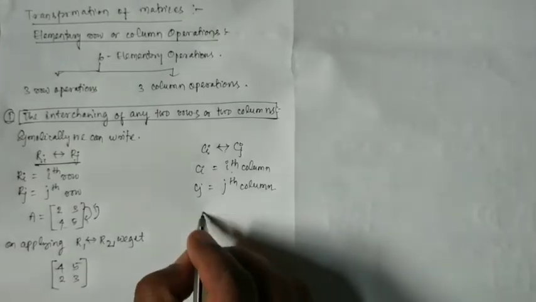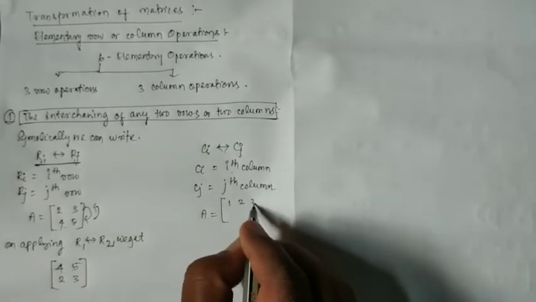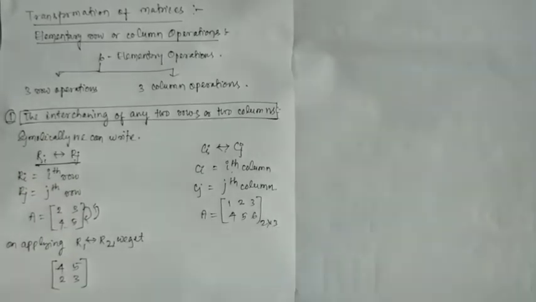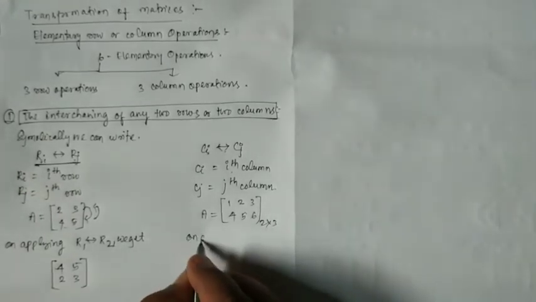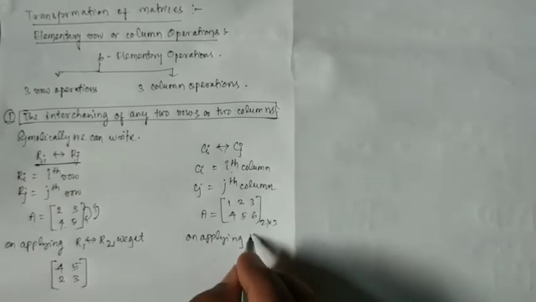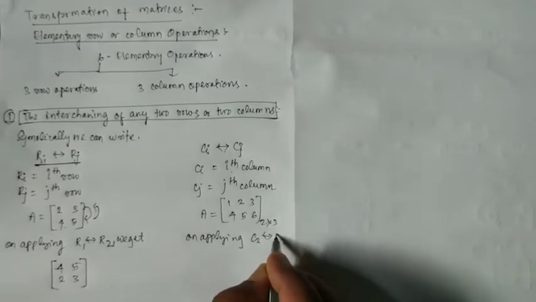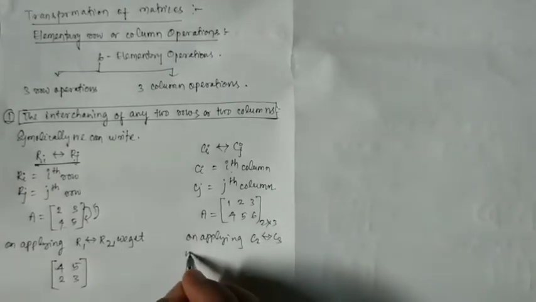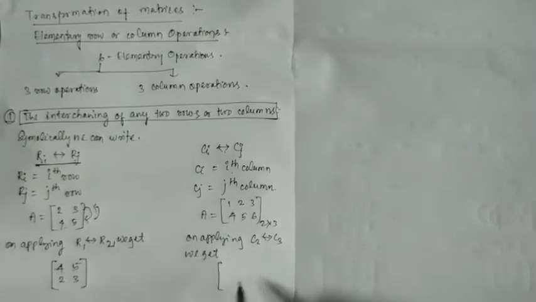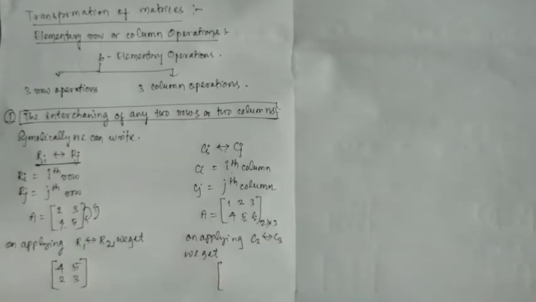Similarly, here let a matrix A be 1 2 3 4 5 6. This is a matrix of order 2 cross 3. On applying the elementary operation C2 interchanged by C3, we get a matrix where the columns C2 and C3 are interchanged.